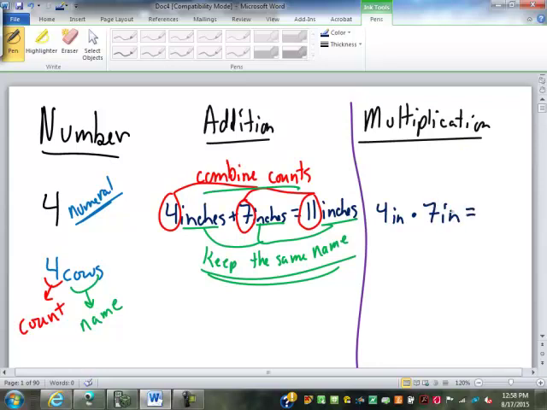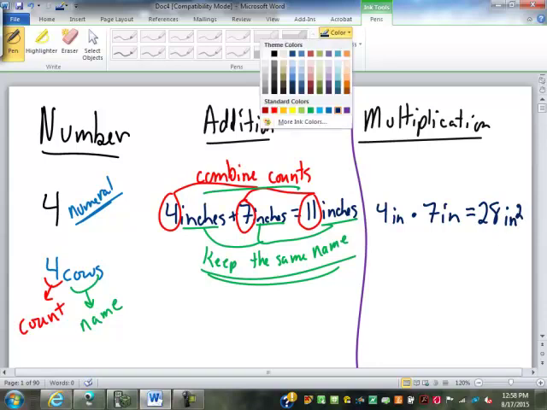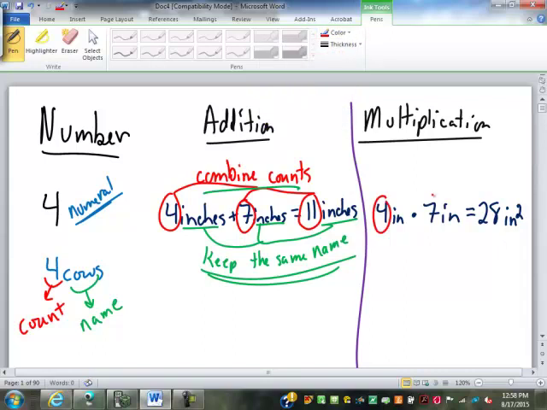So if I have 4 inches times 7 inches, what do I have? 28 what? Not inches anymore, but inches squared, or square inches. So what happened here, we had our counts, the 4 and the 7, and what happened to them? Well, we multiply them. They combined the 4 and the 7 to make 28.